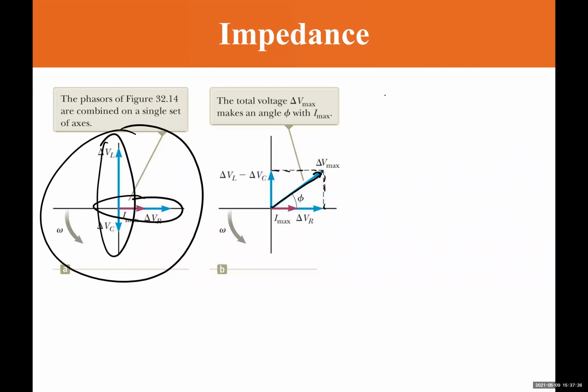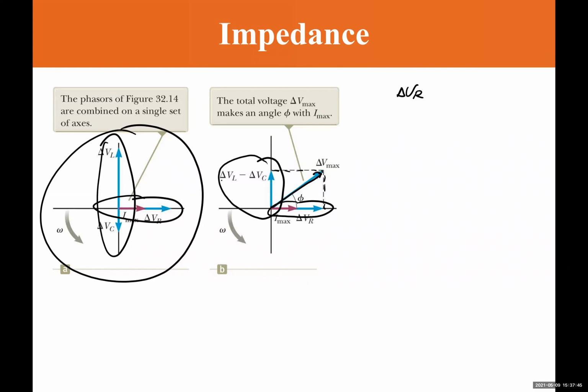So basically what I have here is delta VR. In this case, I can see that's the adjacent part of it. And then this is the vertical part of it.